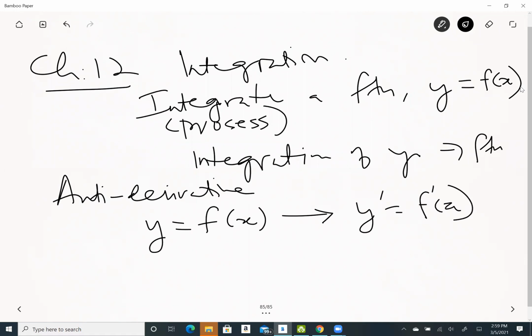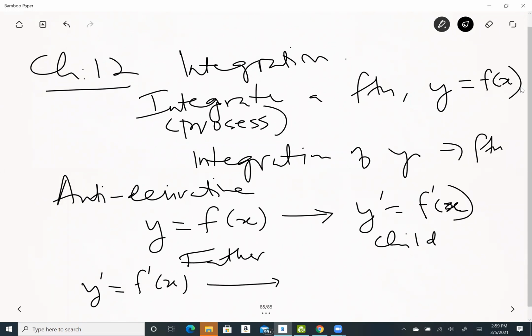The function is the father, then you take the derivative, that is the child. But now it's the other way around. I know the child, I know y prime equal to f prime of x. Then I need to find the father. Who is he?